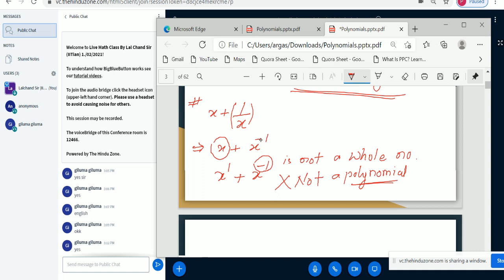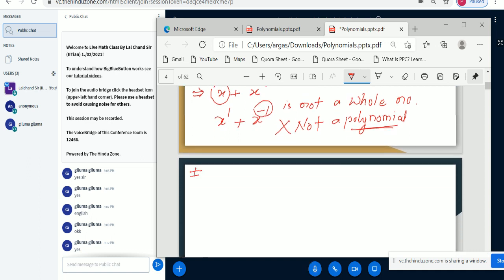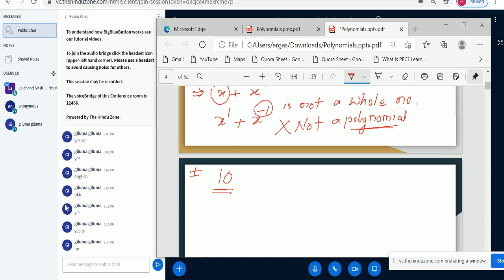Okay. If I write some expression like, let's say, simply the number 10. What about this? Is it a polynomial or not? What about this expression? Number 10. Why no?